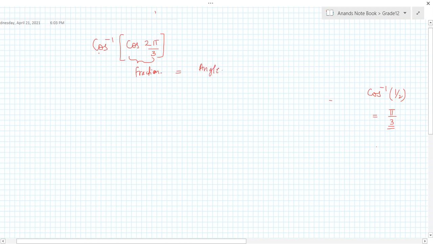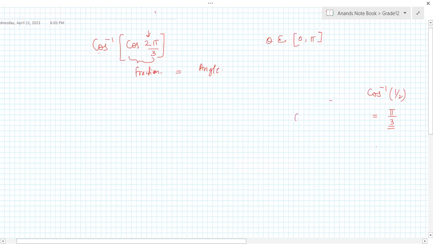So whenever you have cos inverse outside, as in cos inverse of cos theta, theta belongs to 0 to pi.